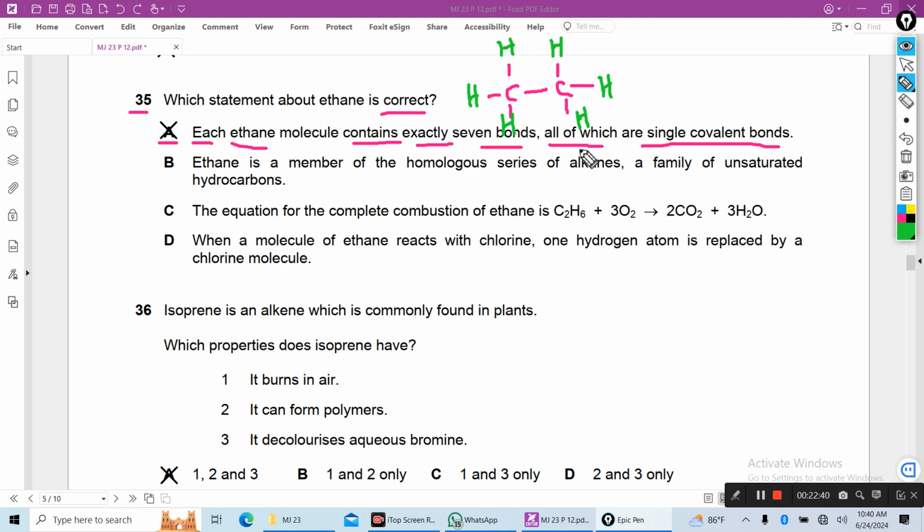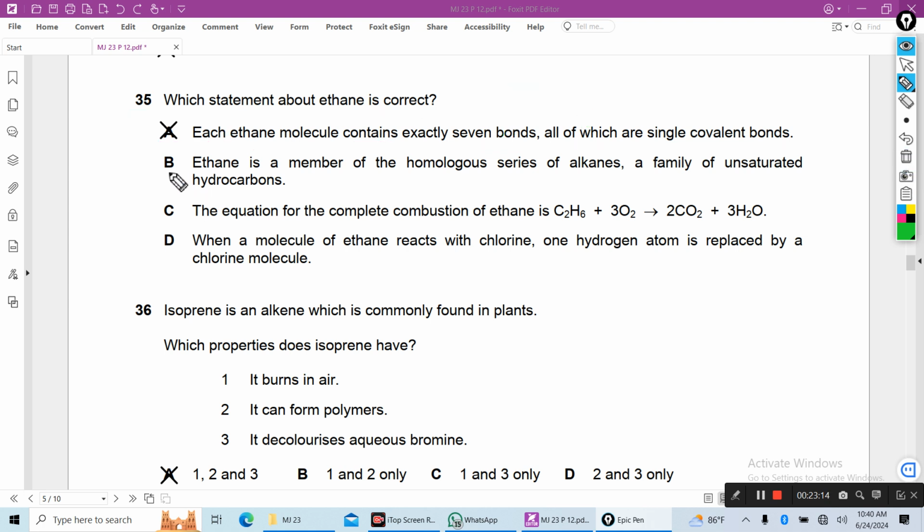So an ethane molecule contains exactly 7 bonds: 1, 2, 3, 4, 5, 6, 7 bonds, and all are single bonds, and these are covalent bonds because carbon is a non-metal and hydrogen is a non-metal. So A is the right answer.